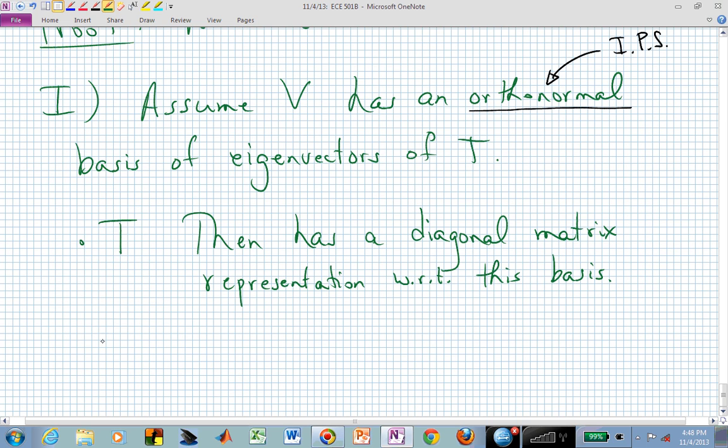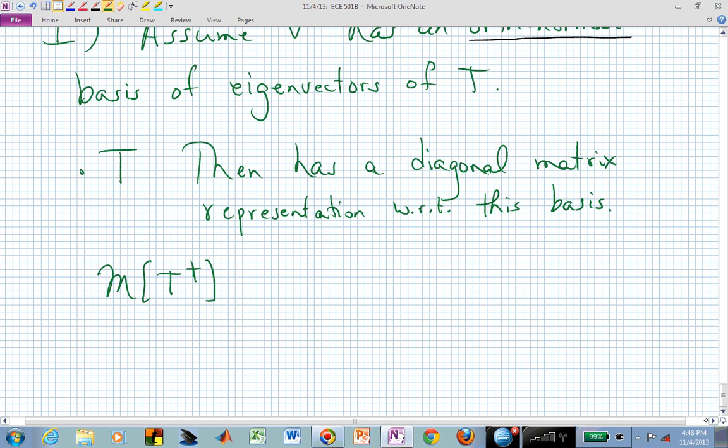Now, what do we know about the matrix representation of the adjoint of T? It's the complex conjugate transpose of T, isn't it, in this basis?